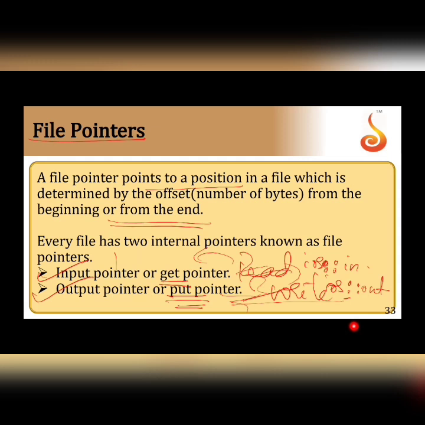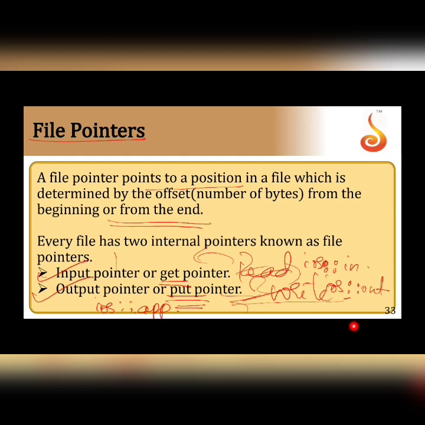The only thing is, if you don't want to rewrite on the already existing content, you need to open it in the append mode, ios::app. Append mode means it will go to the end of the file and point the put pointer there, wherein you can start writing, so that the contents in the file remain intact.